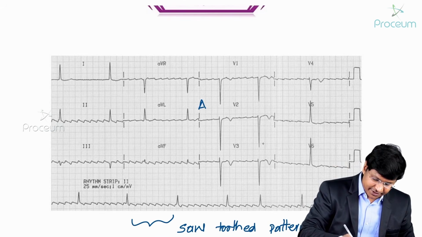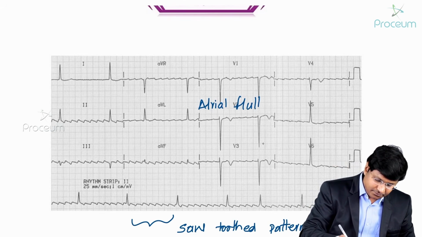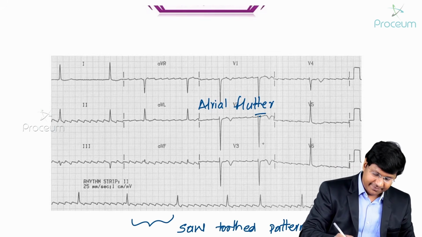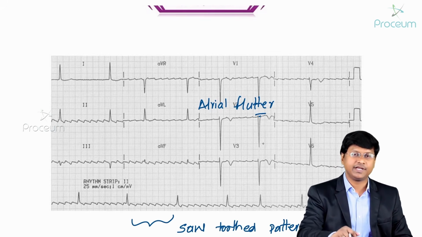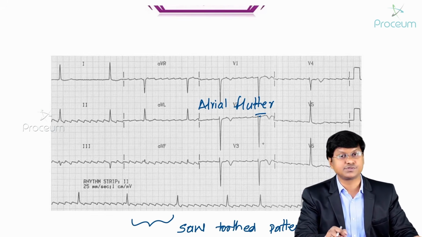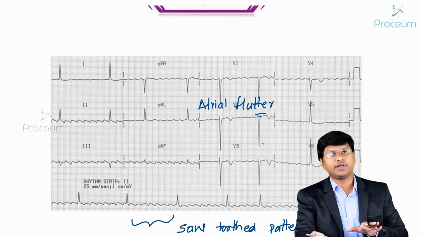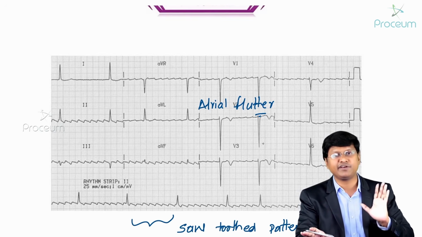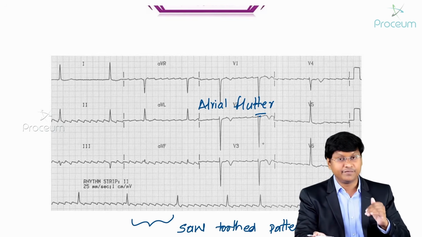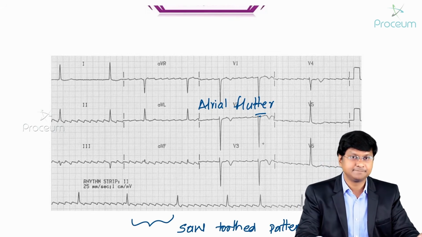You will have this in patients with atrial flutter. Anyways, I'll be discussing in detail atrial fibrillation, atrial flutter, and paroxysmal supraventricular tachycardia in the topic of arrhythmias. But here what I wanted to show you is variable P wave morphologies, when I am discussing the P wave abnormality.